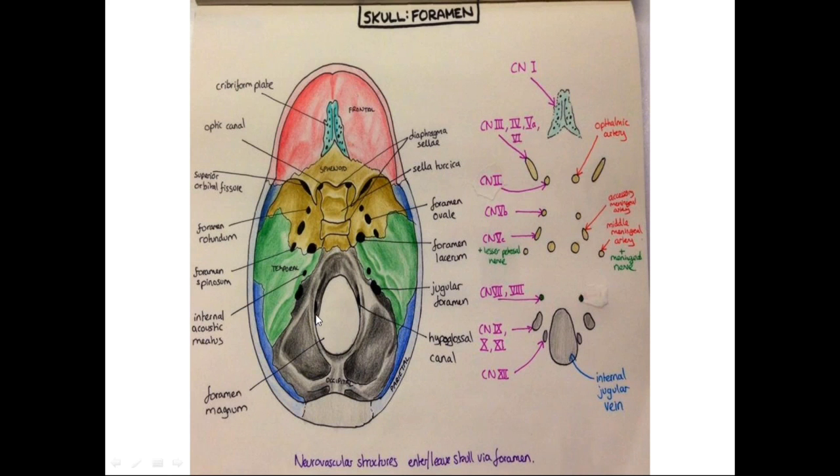Through the jugular foramina, you have the 9th, 10th, and 11th nerve. Then you have the foramen magnum, through which passes the medullary part of the spinal cord along with the meninges, along with the anterior spinal artery and posterior spinal artery. These are the neurovascular structures which exit and leave the skull.